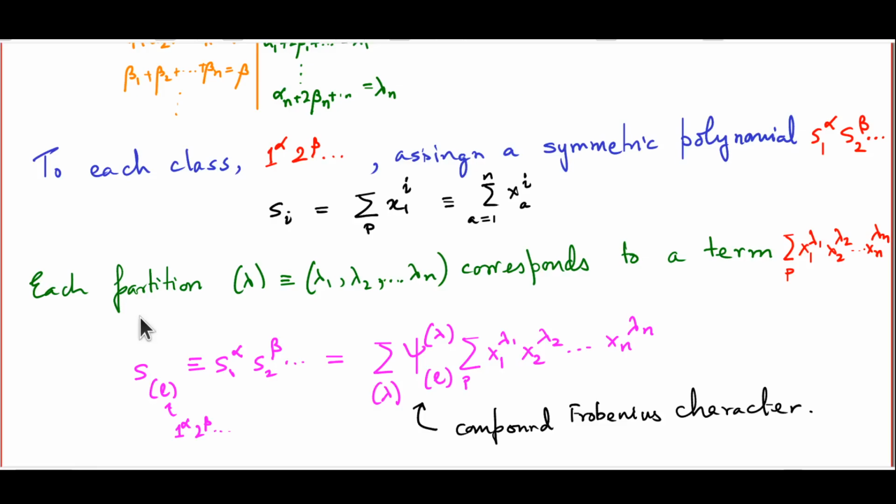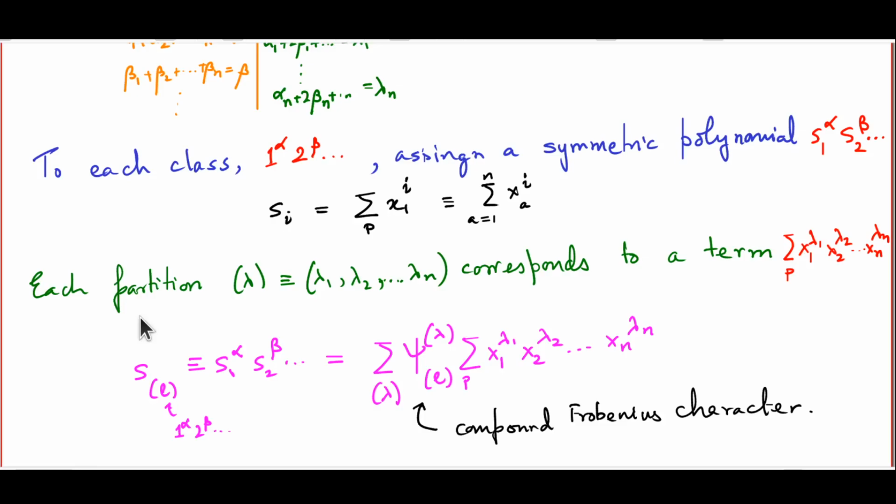The coefficients in this case are exactly what these compound Frobenius characters corresponding to the class L are going to be. The coefficient of the sum over all permutations of x1 to the lambda 1, x2 to the lambda 2 up to xn to the lambda n is going to be the character corresponding to this Lth class, corresponding to the representation labeled by the partition lambda.